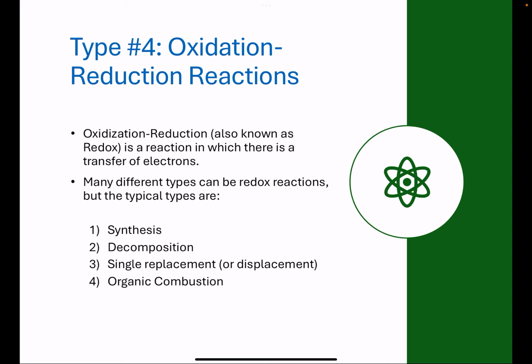So today we're gonna be talking about oxidation and reduction. Reaction, oxidation reduction, also known as redox, is a reaction where there is a transfer. We're focusing on the electrons.